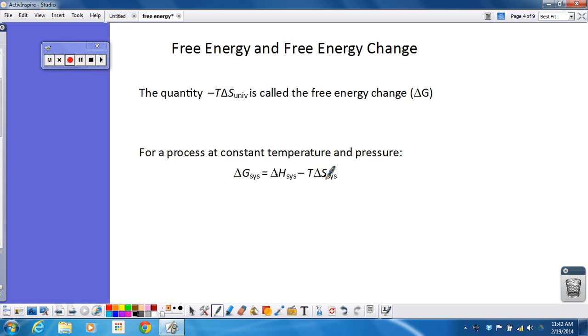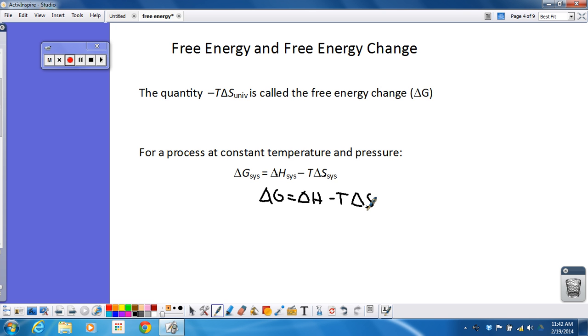So for a process at constant temperature and pressure, think, for the most part, standard conditions, 25 degrees Celsius, 1 atmosphere of pressure, the delta G for the system equals the delta H for the system minus T delta S for the system. And typically you'll just see delta G equals delta H minus T delta S. This formula is on your formula sheet. It is a very crucial formula for thermodynamics.